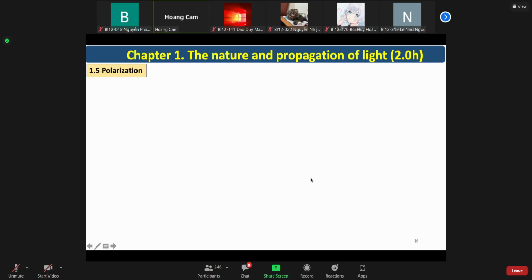And you all know that light is an electromagnetic wave. We all know that. And an electromagnetic wave has 2 components, or we can say like 3 components. That's fine as well.